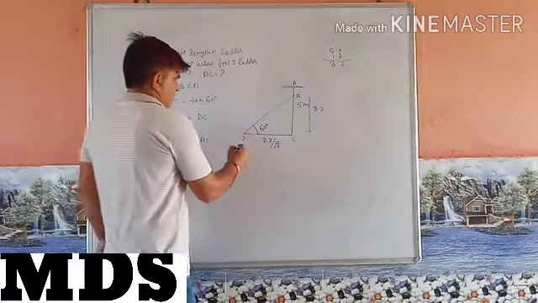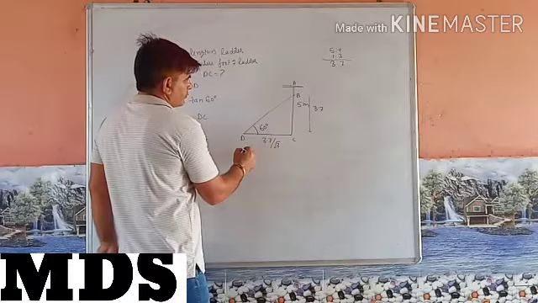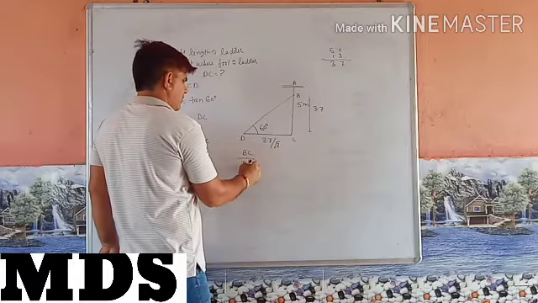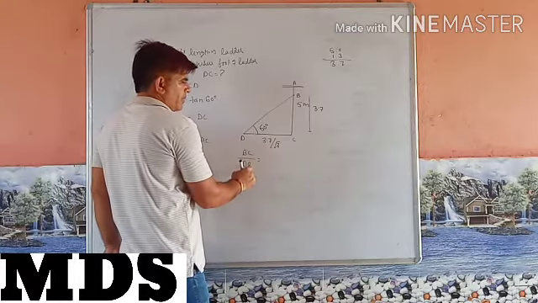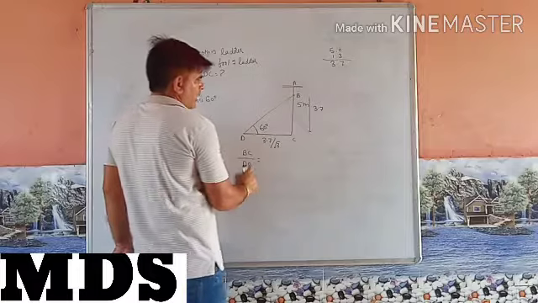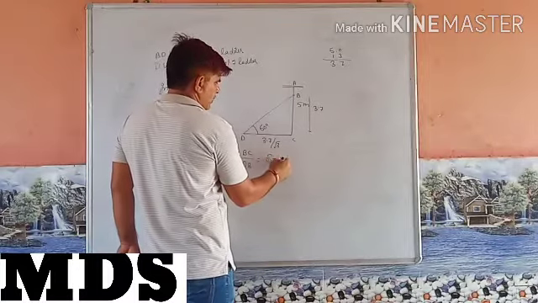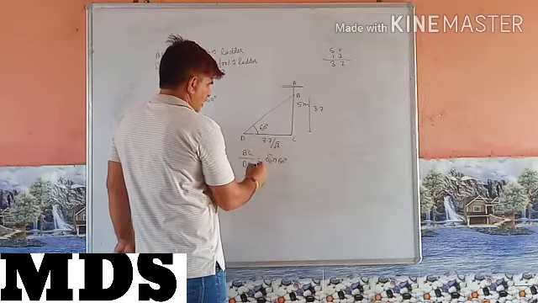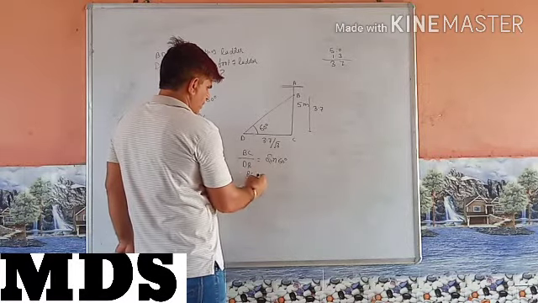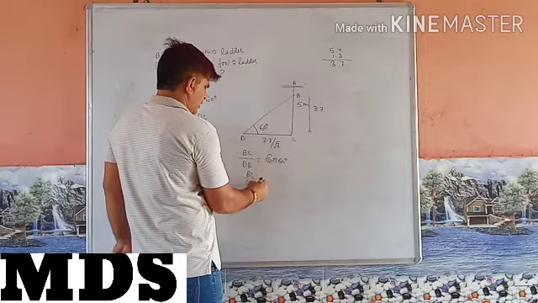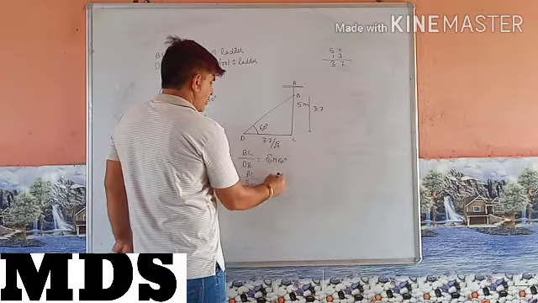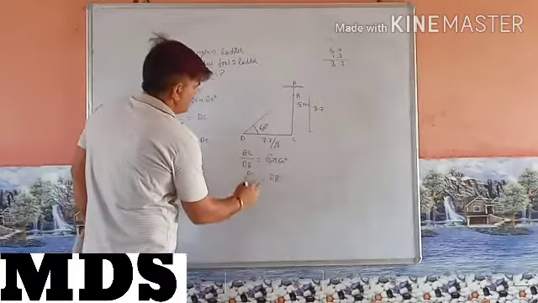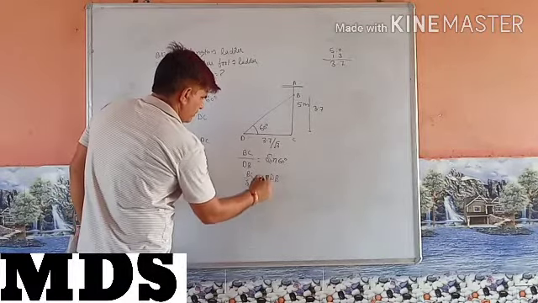Now again, BC by BD, it means perpendicular by hypotenuse is what? Sine of 60. BD you have to find out. BC by sine of 60 degree is equal to BD. Yes or no? So BC how much? 3.7.